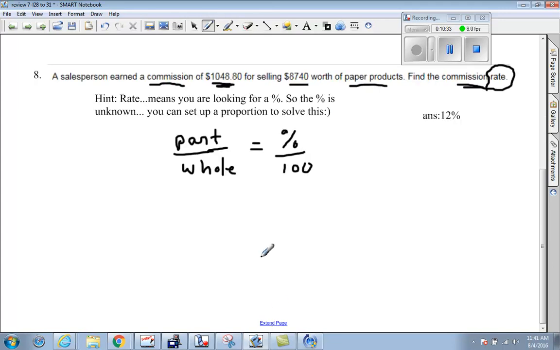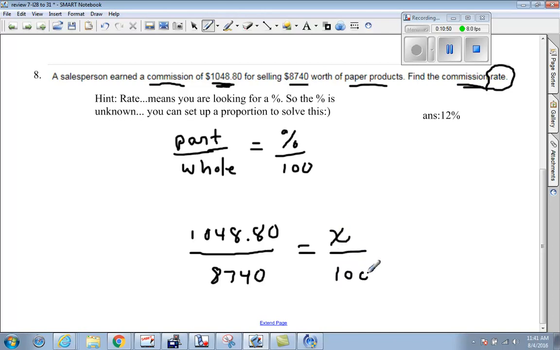So what's the part and what's the whole? Well, the part is the amount of commission that you earned, and the whole is the total sales. And the percent is unknown, or the rate is unknown, and voila, we know what to do now.